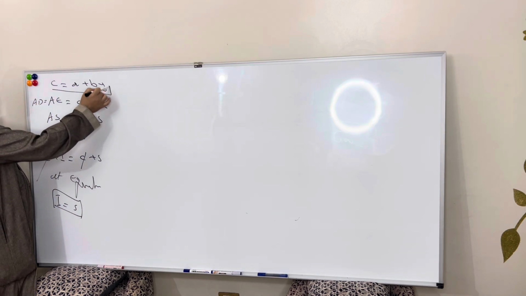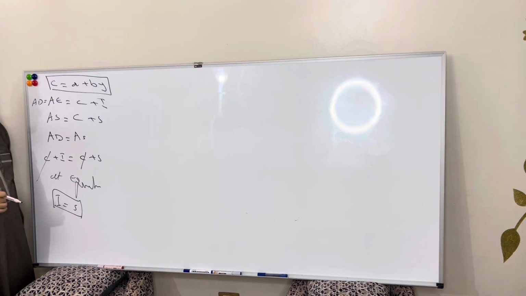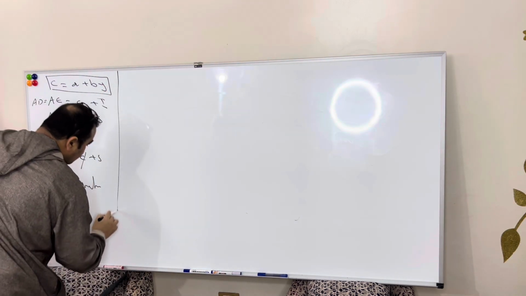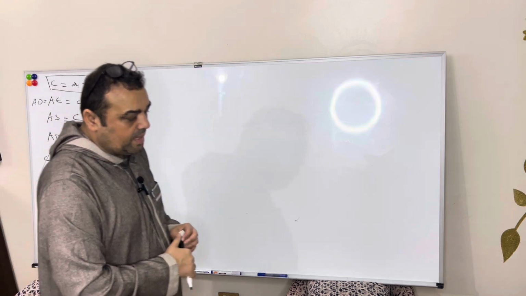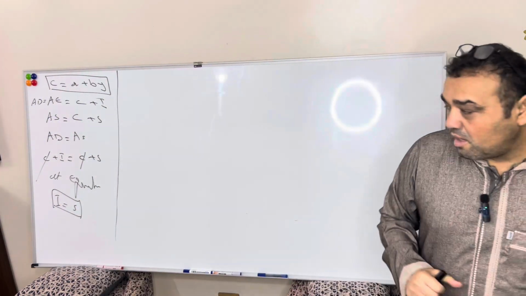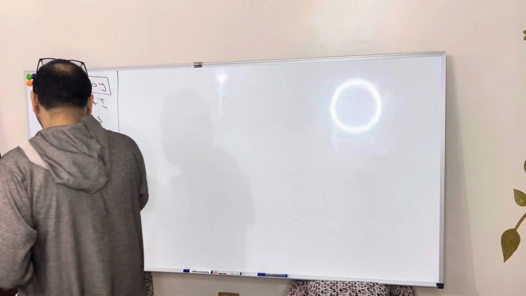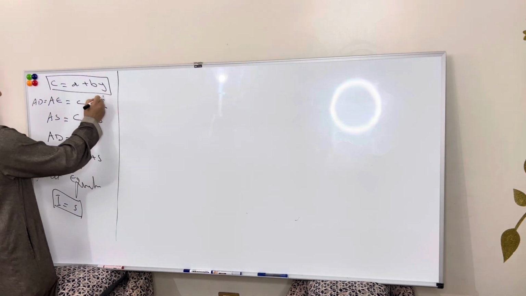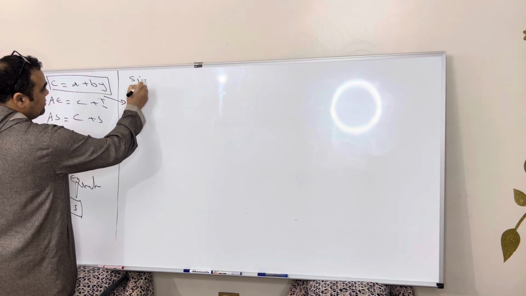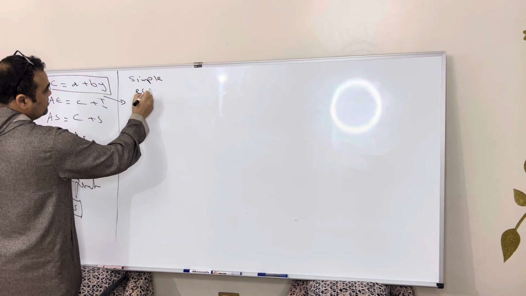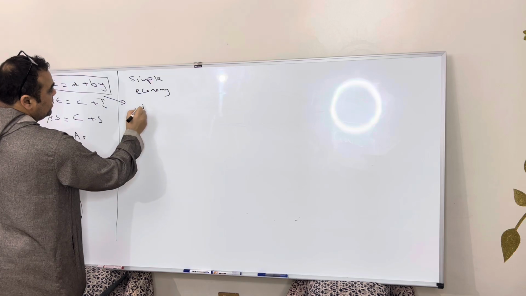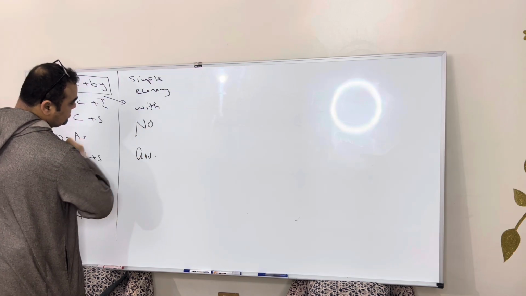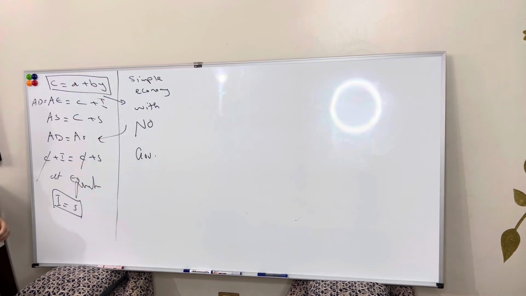And this is the consumption function, C equals A plus beta YD. Okay, we will expand the model here. We will add the government to the formulas. Here we were talking about the simple economy with no government. This is the model.